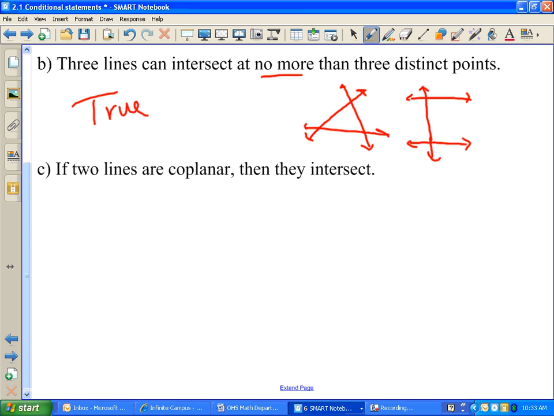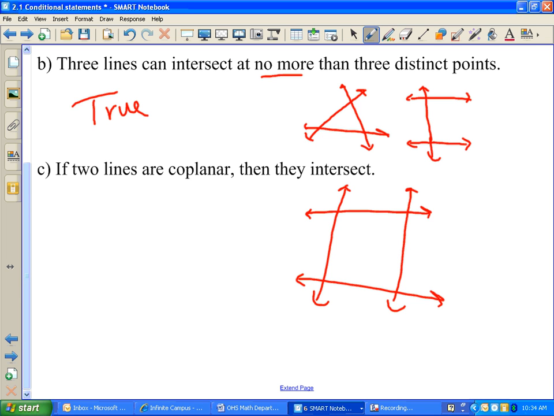Coplanar means on the same plane. So a plane, I'm drawing a plane, extends in all directions without end. And I want to come up with 2 lines that either intersect or they don't. If they intersect all the time, no matter which way I draw it, then this is true. If I can draw one where they will never intersect, then that's false.